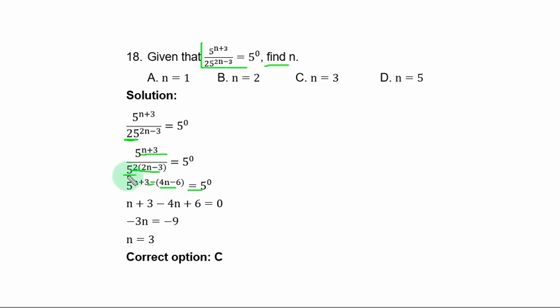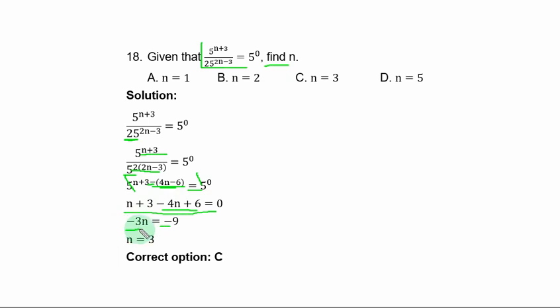The bases are the same. If you equate them, you are left with the powers. Meanwhile, minus sign will open this bracket and you have minus 4n plus 6. If you add, plus 3 plus 6 is plus 9. If you transfer it, it becomes minus 9. Now n minus 4n is minus 3n.